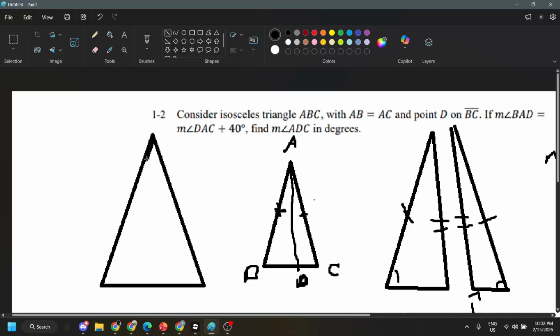If it's here, it's this plus this entire angle. If it's here, it's this plus 0. Here it's somewhere in between. But we don't know the entire angle, which is the thing.